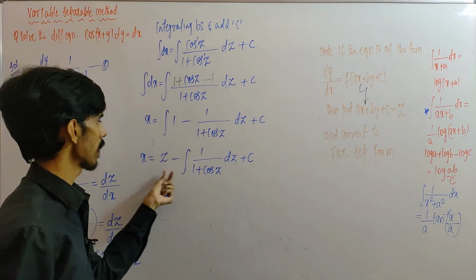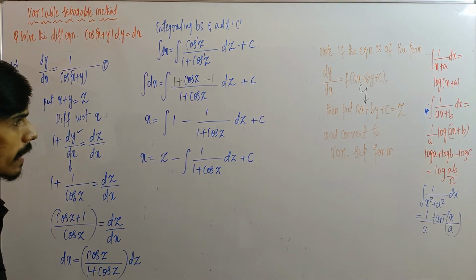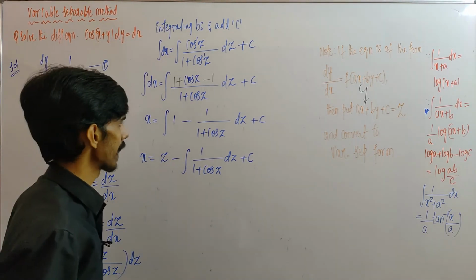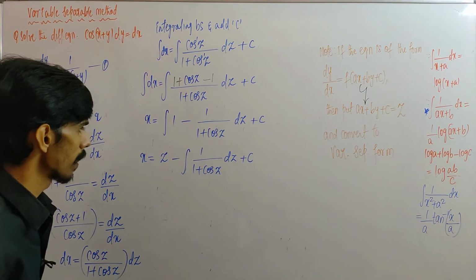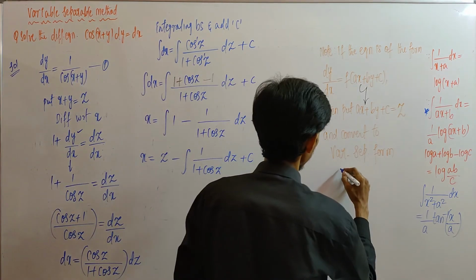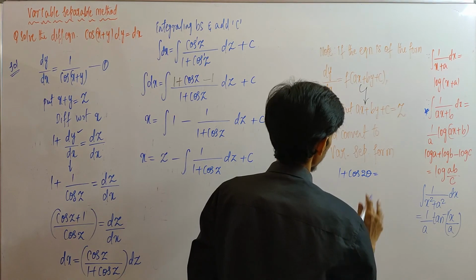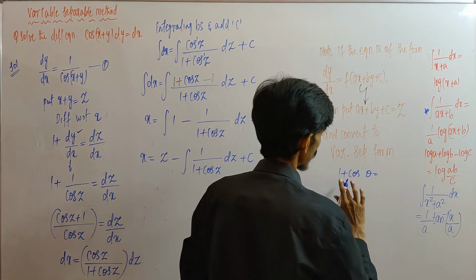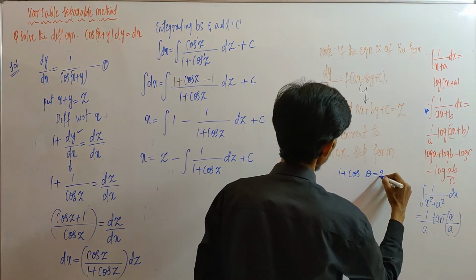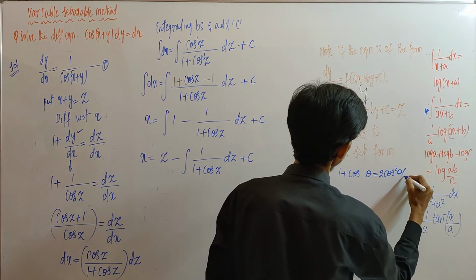Integration of 1 dz value is z. That is separating the integral, distributing the integration to the first term and second term. Now we know that 1 plus cos 2 theta value is 2 cos square theta, so 1 plus cos theta is 2 cos square theta by 2.